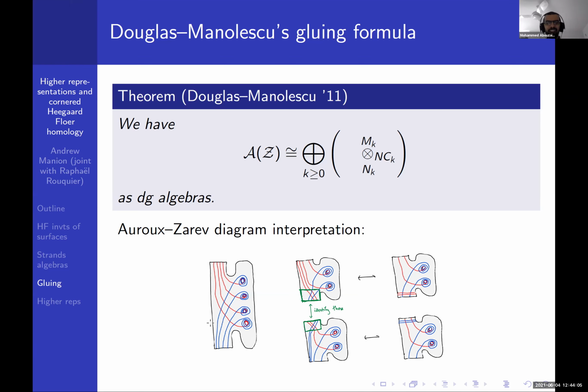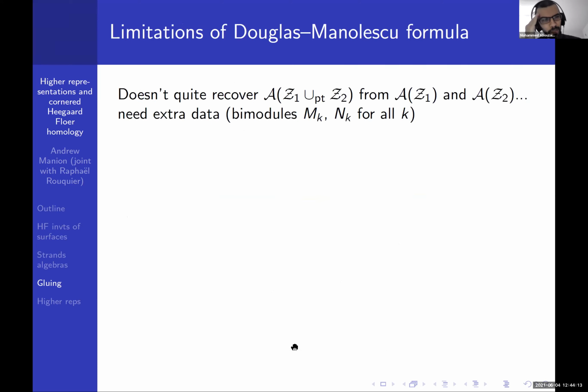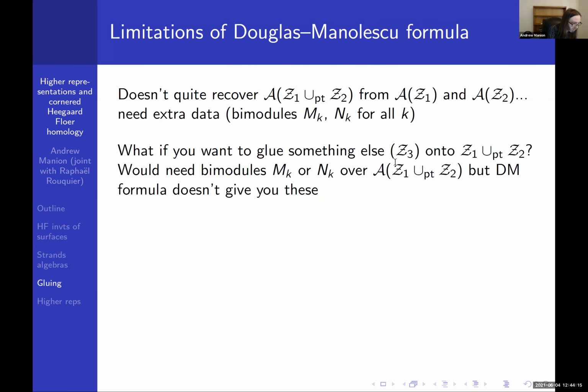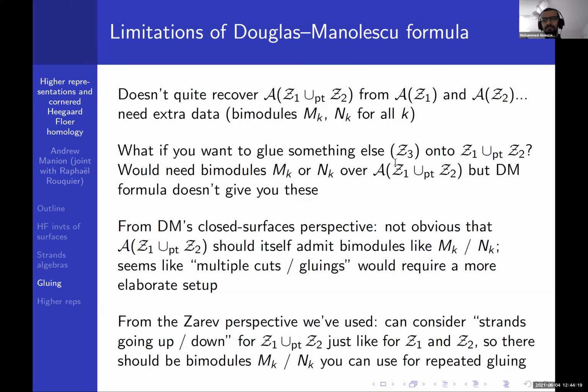I see. K is the label for the bimodule, not for the algebra. Yeah, that's right. The algebra also has a label that's additive, the number of occupied arcs or whatever, and that is indeed additive the way you're talking.